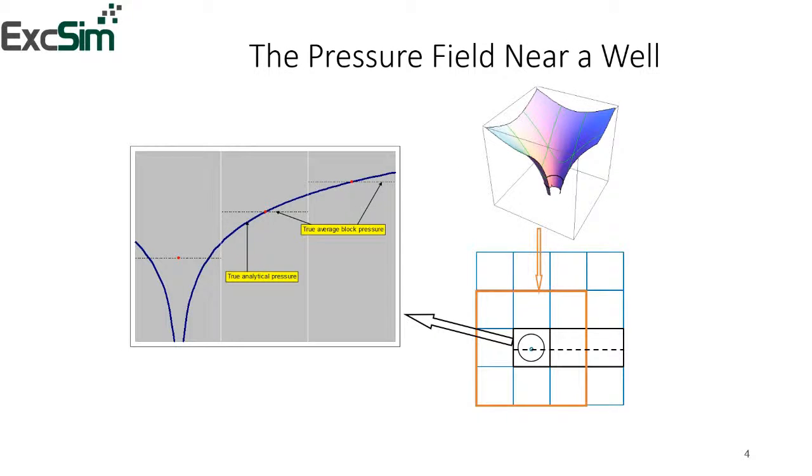Here I've got an illustration of the pressure field near a well. Starting at the upper right hand corner, this is an attempt to illustrate the pressure in 9 grid blocks. You can see those faint greenish colors, edges of the grid blocks.